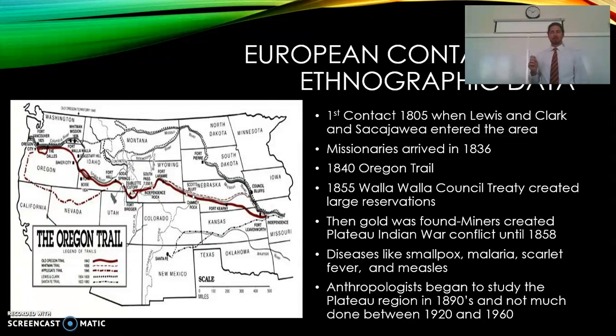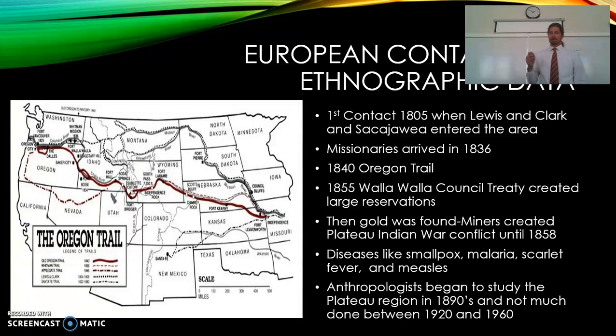So with the Oregon Trail, after missionaries have arrived, we've got religious acculturation. Now we've gotten into miners acculturating, and disease has taken over. And really one of the biggest issues is that we don't have anthropological studies until the 1890s. Now again, we have first contact in 1805.